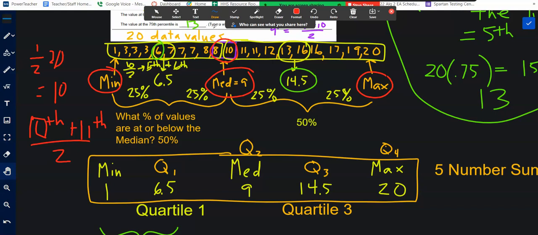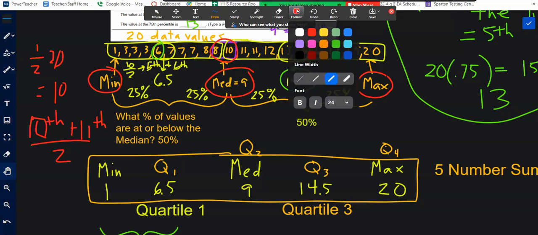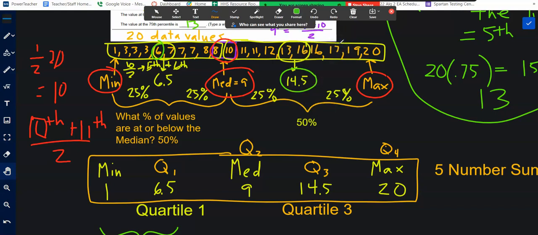So literally, I go find the median of the lower half. And I also find the median of the upper half. Well, those are 10 numbers each.